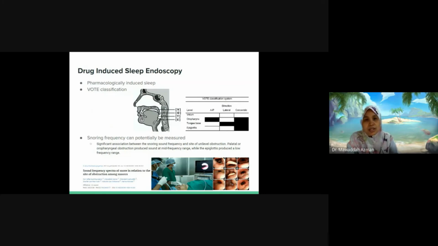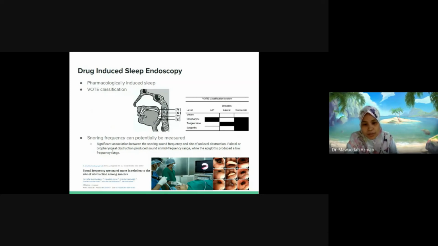Another potential application of drug-induced sleep endoscopy is using the fundamental frequency of the snore produced during that investigation. We have found that in patients with unilevel obstruction, for example collapse only at the velum or only at the epiglottis, they produce a different frequency of snore.